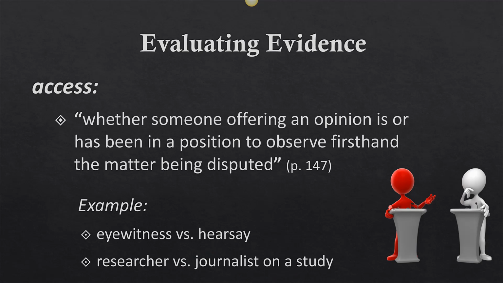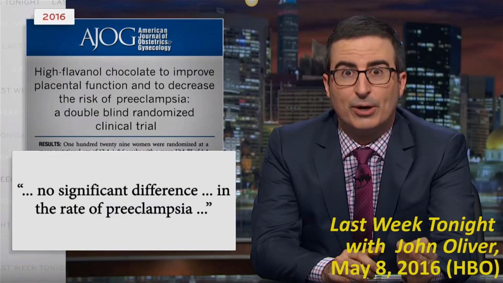This particular issue was covered on a recent episode of John Oliver's HBO television show, talking specifically about a 2016 study from the American Journal of Obstetrics and Gynaecology. What the study was involved with was looking at the differences between two different kinds of chocolate that had different levels of biochemical in them, specifically a compound called flavanol.